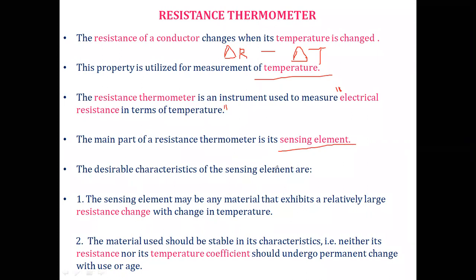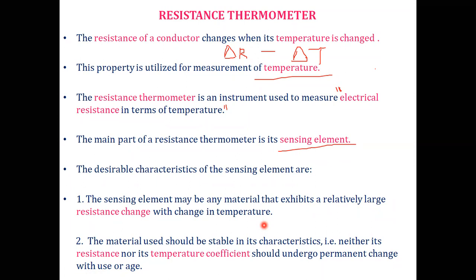The desirable characteristics of the sensing element are as follows. First, the sensing element may be any material that exhibits a relatively large resistance change with change in temperature.